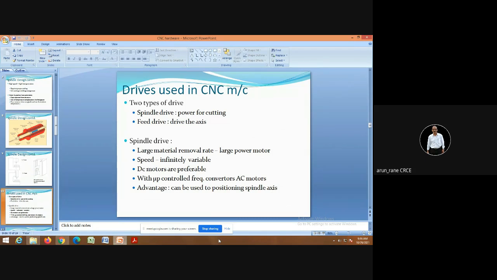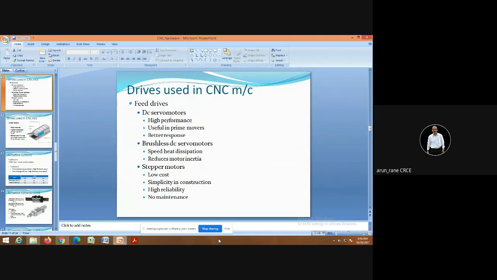Servo motors are used popularly because of their positioning accuracy. Like suppose I give a command of say 100.12, so it should stop exactly at 100.12. That is what is called positioning.